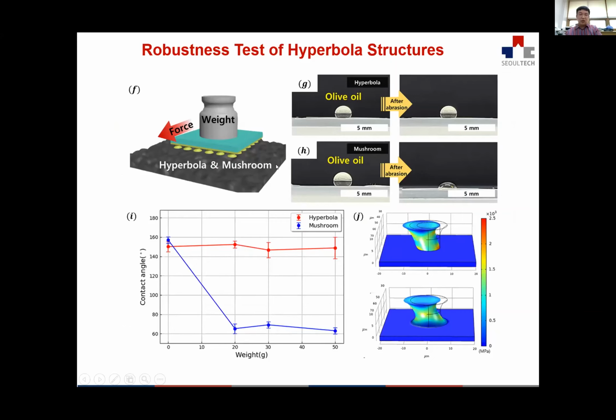As you can see, when we load 50 gram of weight on the 1 square centimeter, it is stable. On the other hand, in the case of mushroom structures, it is broken and damaged.